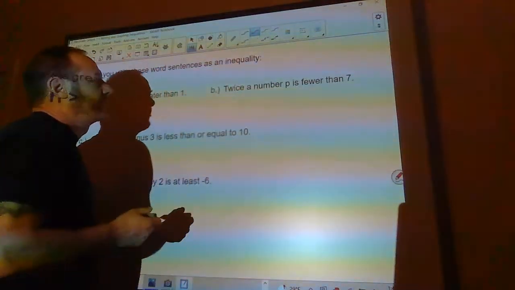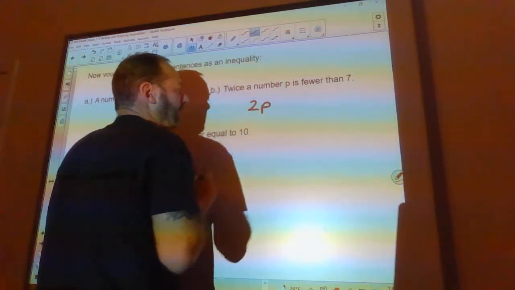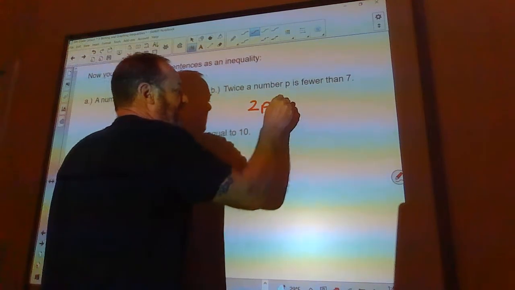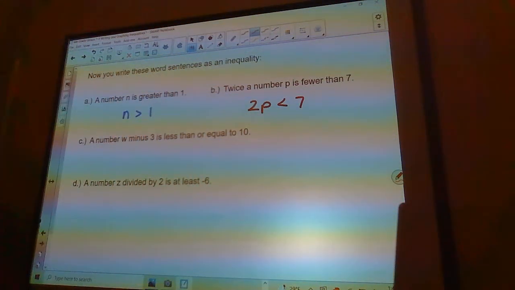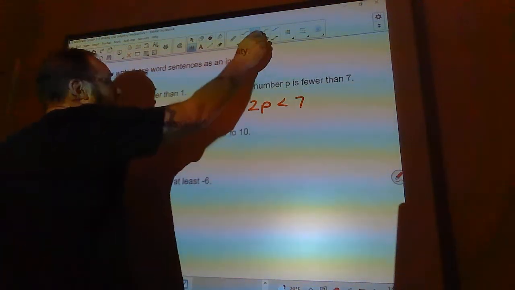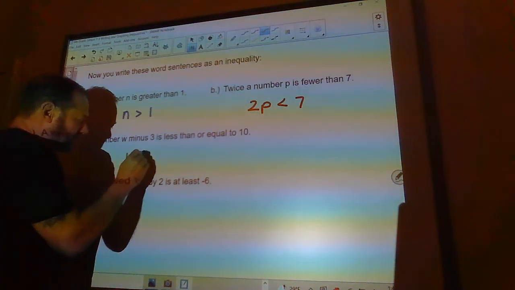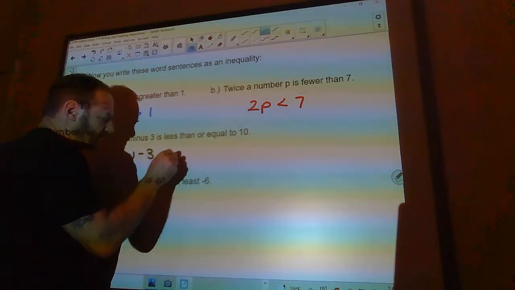Okay, next up. Twice a number p, so 2p, is fewer than 7. So that's going to be less than 7. That one's a little trickier. A number w minus 3 is less than or equal to 10.